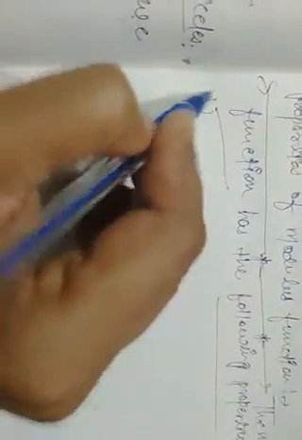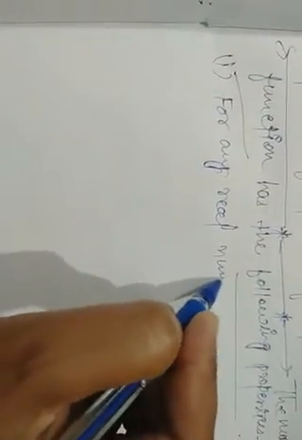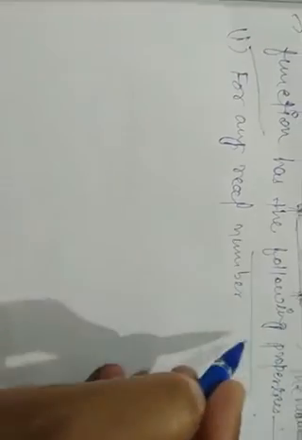First one, for any real number x, the square root of x square is equal to mod of x.